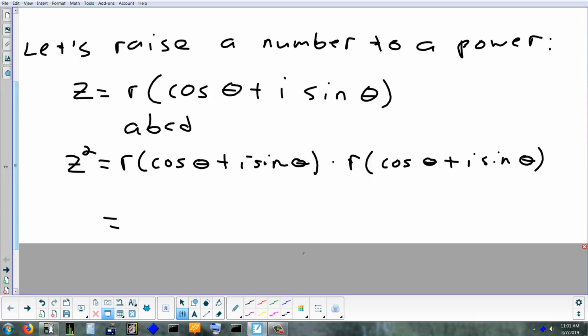Yeah, r squared. That's the easy one. Now the rest of it has to be FOILed: cosine theta plus i sine theta, cosine theta plus i sine theta. I'm just going to pretend like that r is in front right here, and now I'm just going to FOIL this.